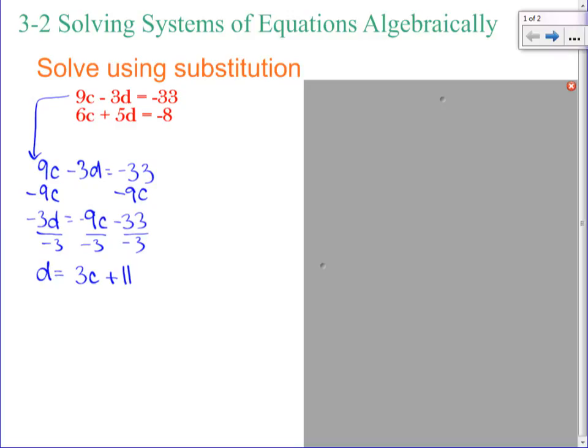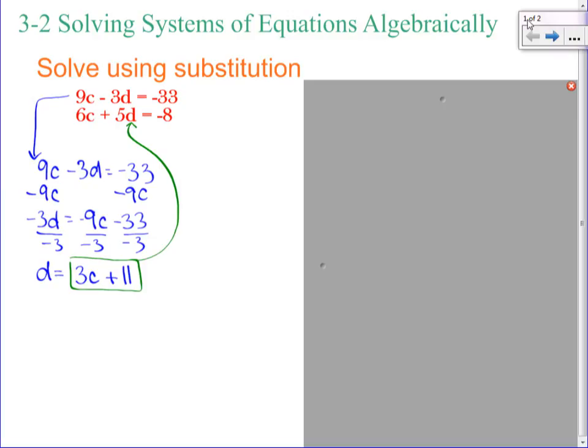All right, so this process is called substitution because, like I said before, we're going to substitute this. So d is the exact same thing as 3c plus 11. Okay, so what we're going to do is we figured this part out so that we can now place this into the other equation and replace it with d.